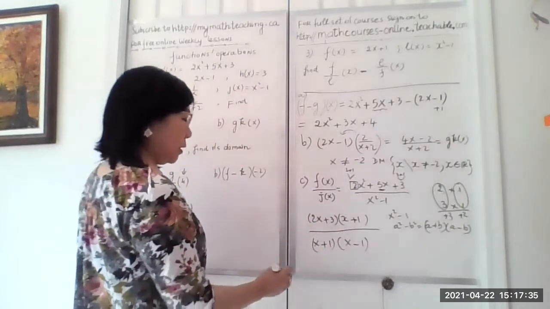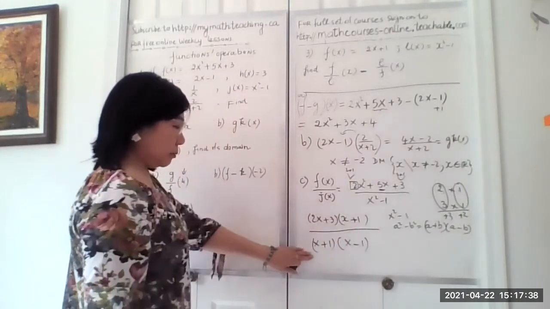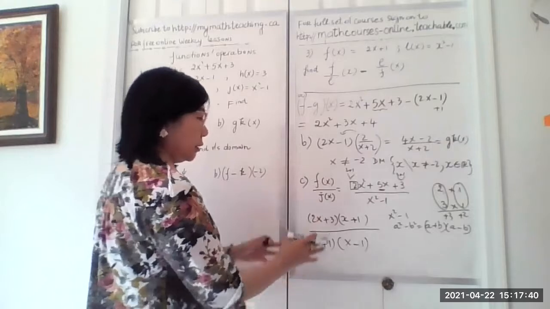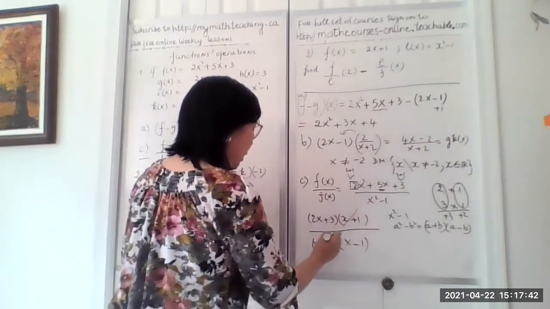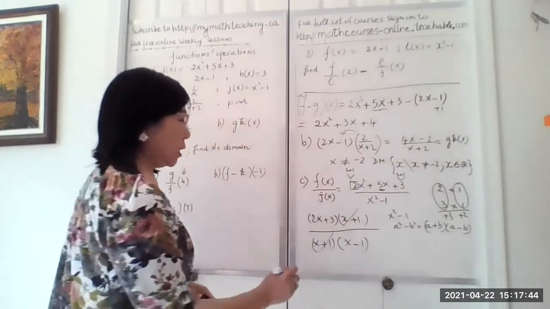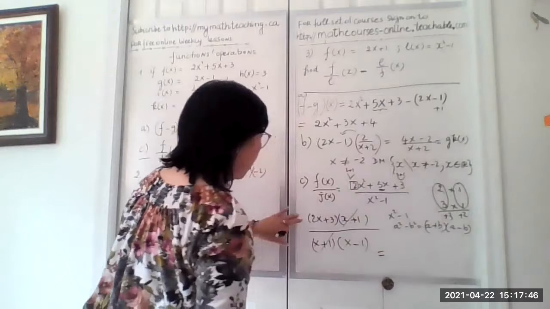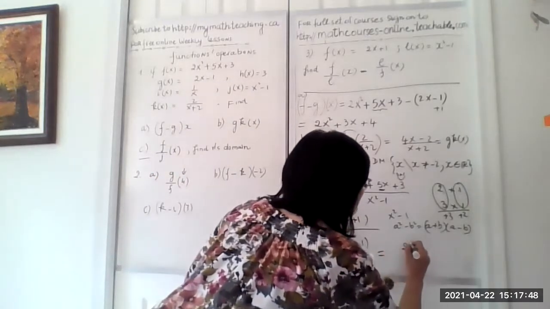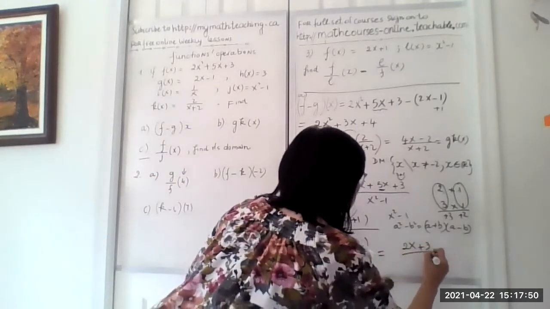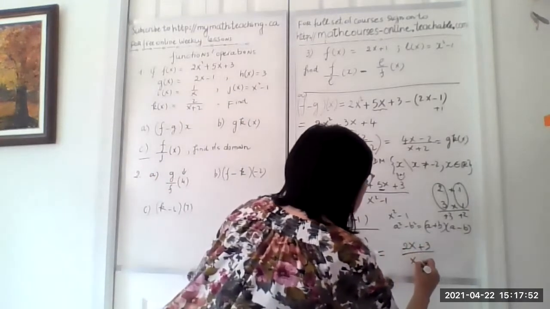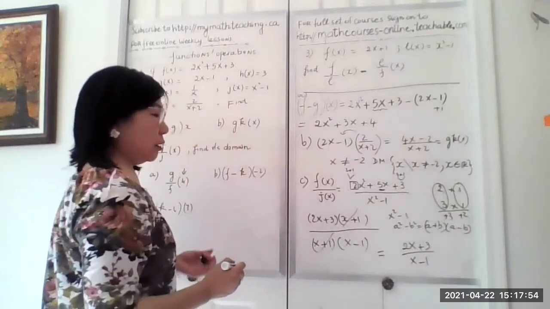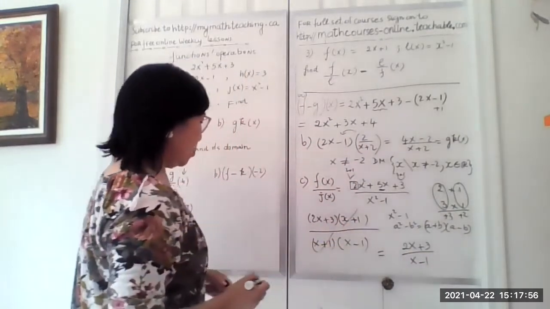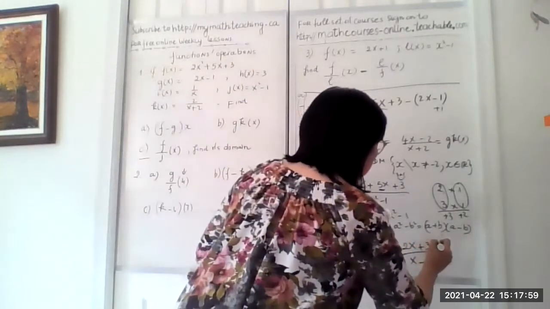Now at this point, I look at x plus 1, x plus 1, they are in brackets and they look the same, so I can cancel it. So the answer for this expression will be 2x plus 3 on top, and down here will be x minus 1. Again, because this is rational, we should state the restriction.